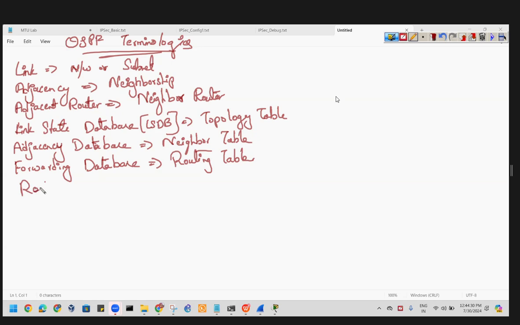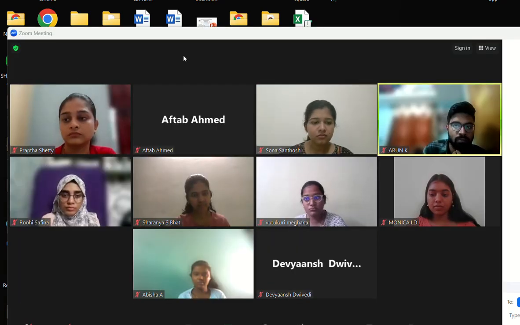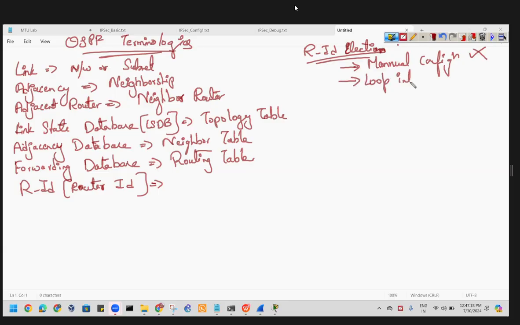Then comes RID, the router ID. Then the router will look for the loopback interface IP address, because you know that loopback is a logical interface and will never go down, correct?